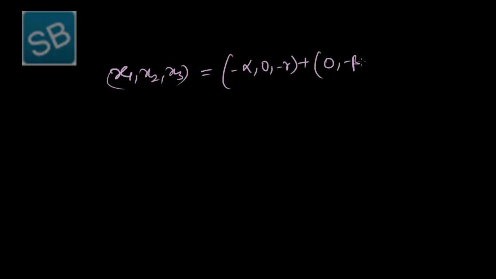So we get x1, x2, x3 is equal to (minus alpha, 0, minus alpha) plus (0, minus beta, beta) plus (minus gamma, gamma, 0).